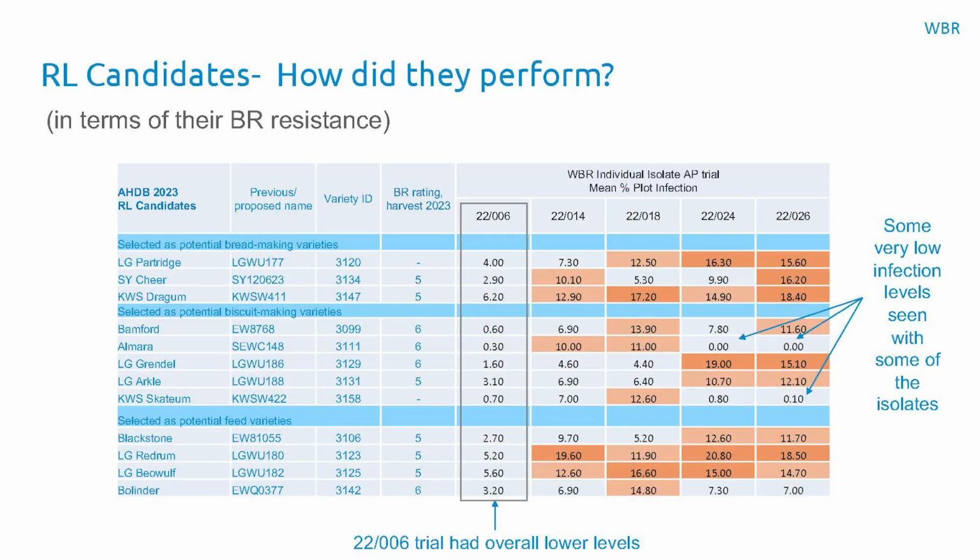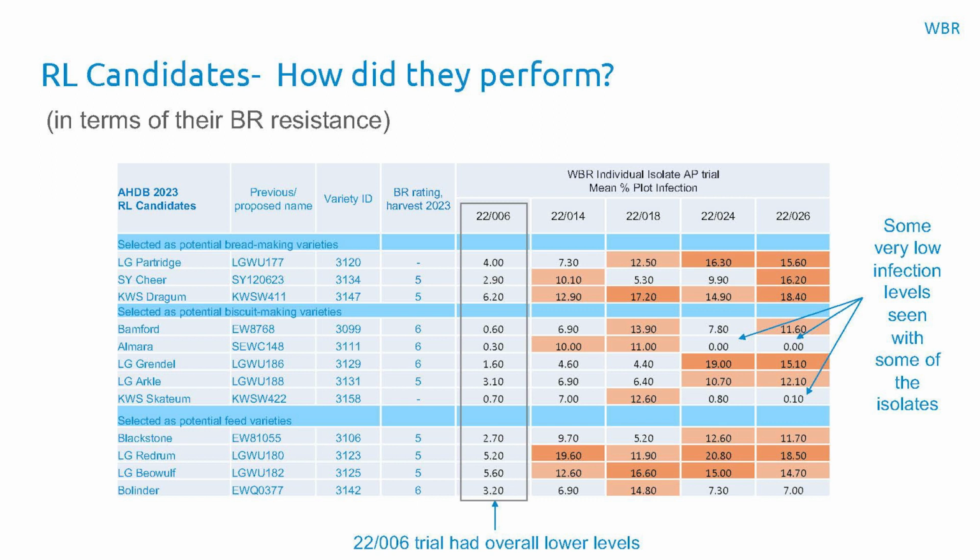So the candidates, how did they perform? You can see we have lots of brown blocks there, so they were showing slightly higher levels of infection with brown rust. Not surprising really, because they had moderate disease resistance ratings of 5 and 6.